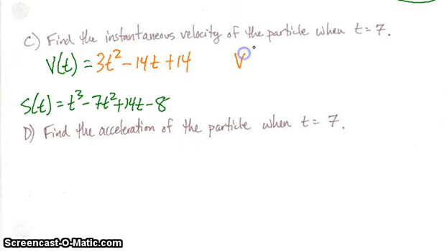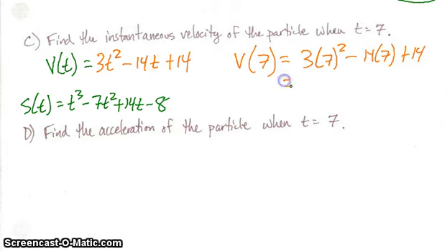And then I want to find, we're at 7, so then plug in 3 times 7 squared minus 14 times 7 plus 14 is equal to 147 minus 98 plus 14. Therefore, it is equal to 63 meters per second.